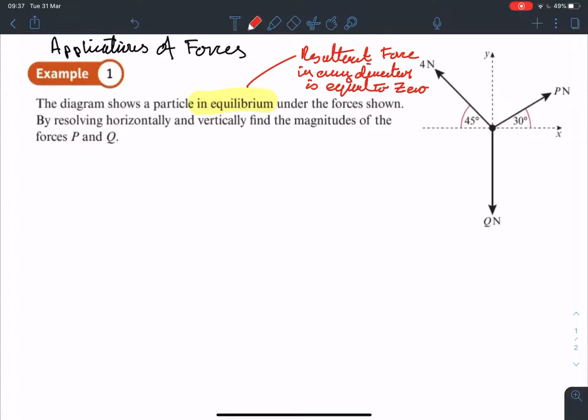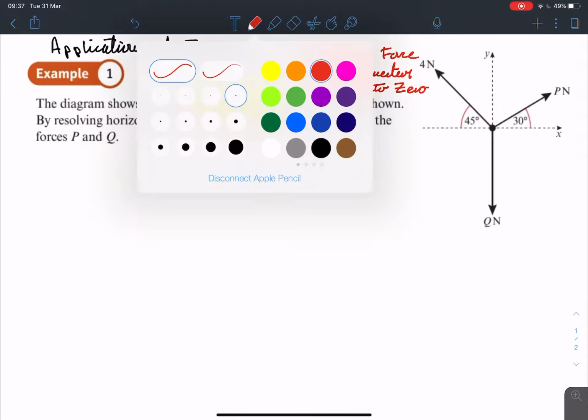If it's in static or dynamic equilibrium, it doesn't make any difference. There is no acceleration, so the resultant force in any direction will be naught. And you're free to pick the directions that you operate in. So there's more than one way of doing this question. But they've asked us to do it in a particular way.